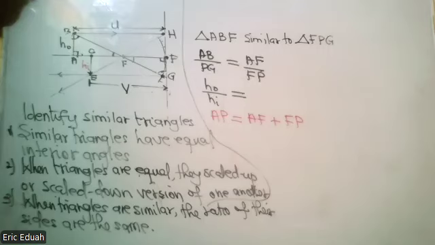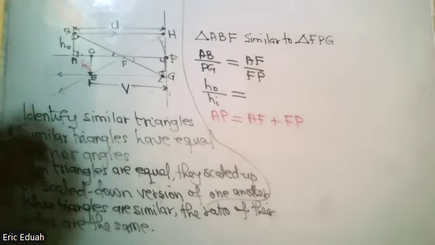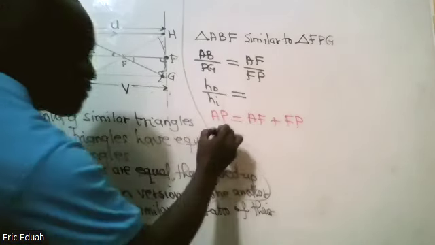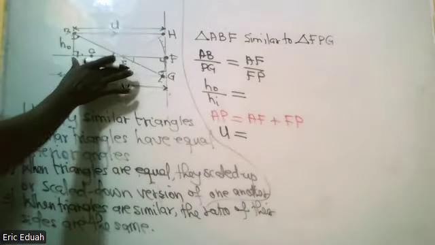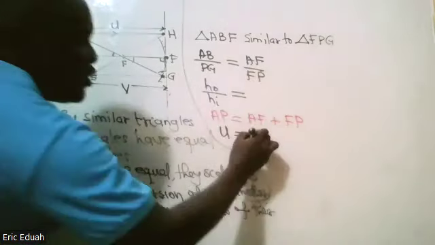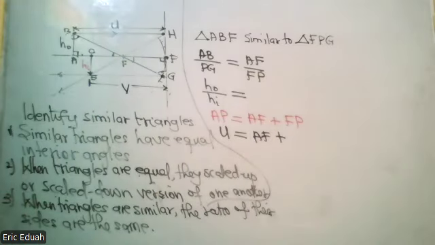Yes, AP is object distance, U. So this is U. It's equal to AF, which is what we are looking for, plus FP.